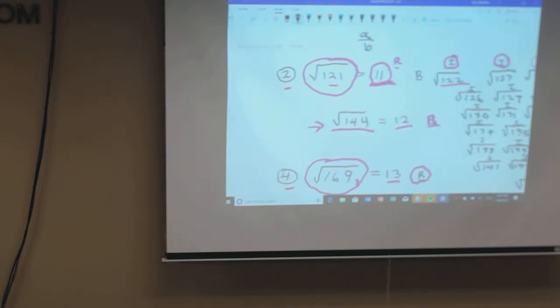That looks like a fraction, doesn't it? And a and b would be my integers, like 3 over 4, or negative 5 over 6, or negative 4 over 3. See what I'm doing? Those are all rational numbers.